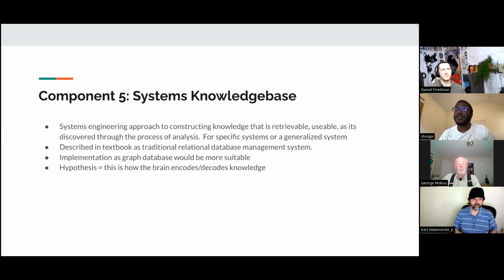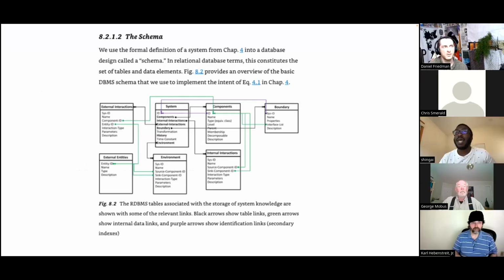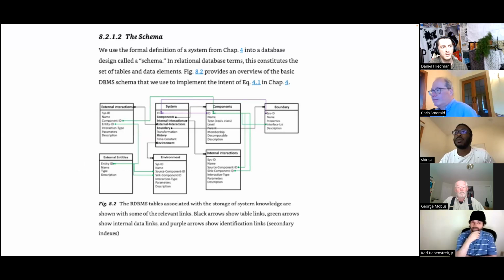In the textbook, it's outlined and described as a traditional relational database management system. But it seems like implementing it as a graph database might be more suitable. So that's something to explore. And you have a hypothesis that this is actually how the brain encodes and decodes knowledge. And again, here's just a graphical depiction of how this sort of relational database might be organized and how it might actually look.